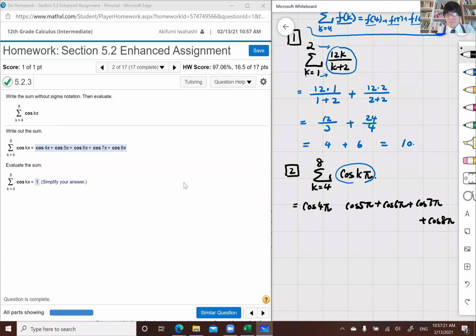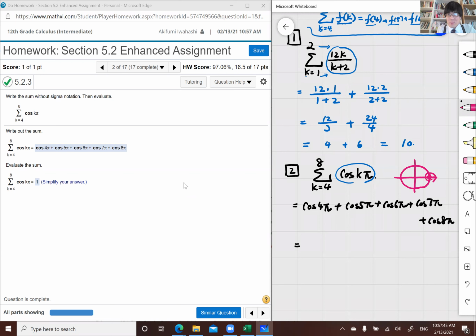Okay, so that's the first part. Now we are going to evaluate it. So cosine of 4 pi. Thinking about the unit circle, starting with here, 2 pi is 1 revolution. 4 pi is 2 revolutions. So 4 pi is here.